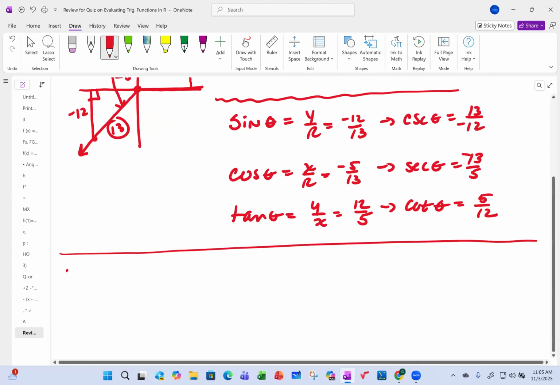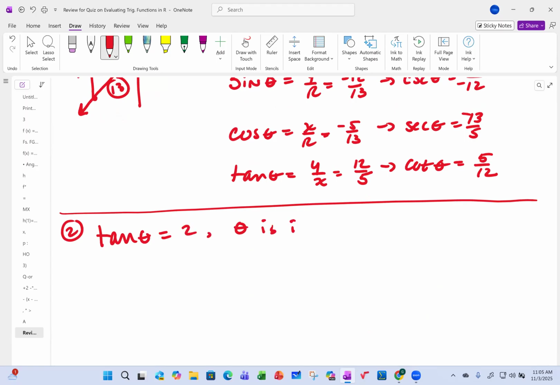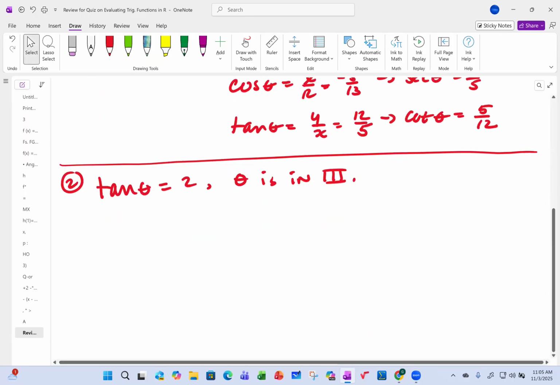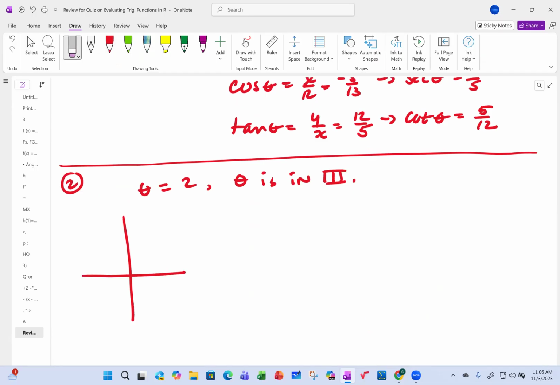Number 2 is I'll give you some information about a trig function. Like, for example, tangent theta equals 2, and theta is in quadrant 3 again. So this time, you're going to have to draw. Let me actually take that away.